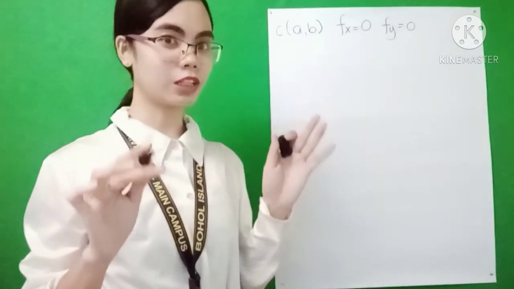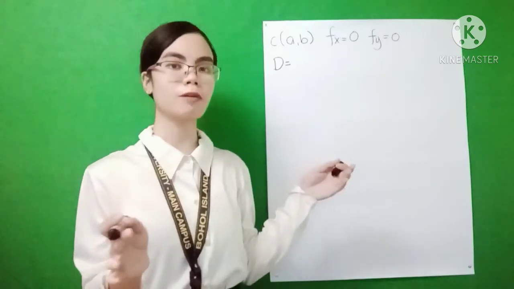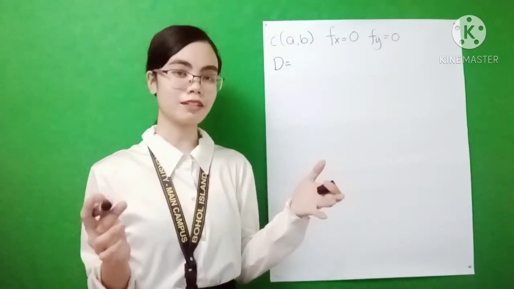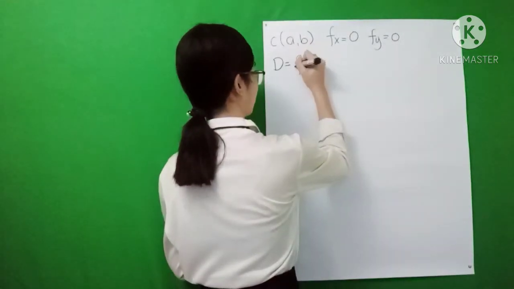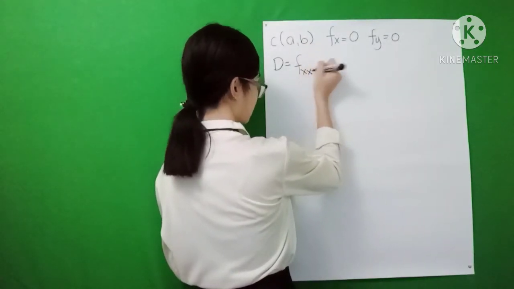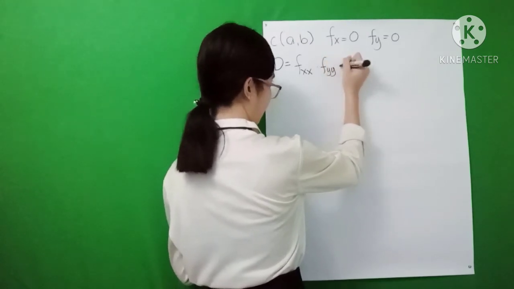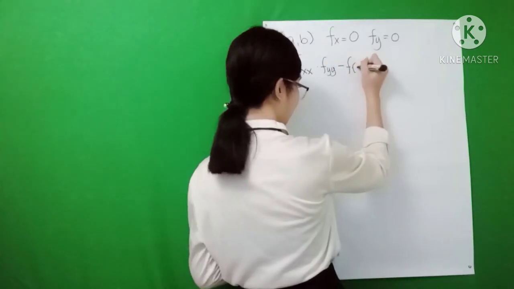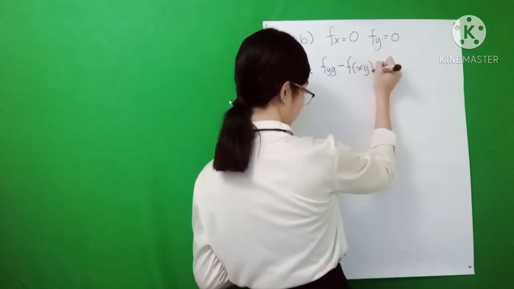So we need to calculate the D, and by finding this D, we have to solve the second partial derivatives. So D equals f double x times f double y minus the partial derivative of x y squared.